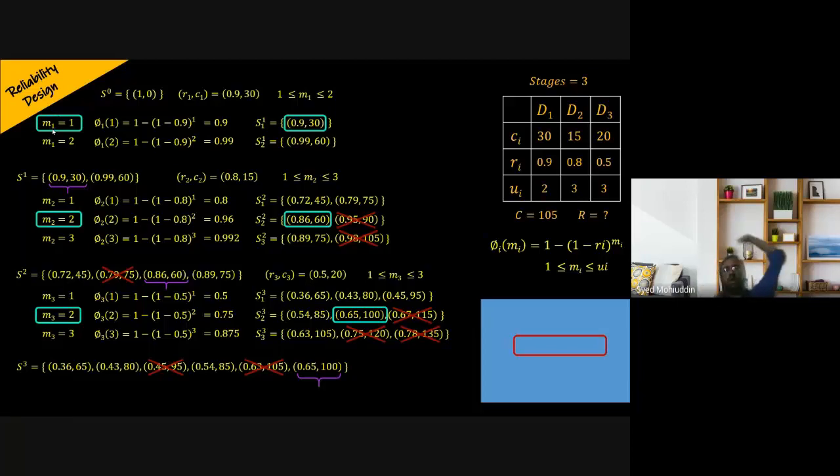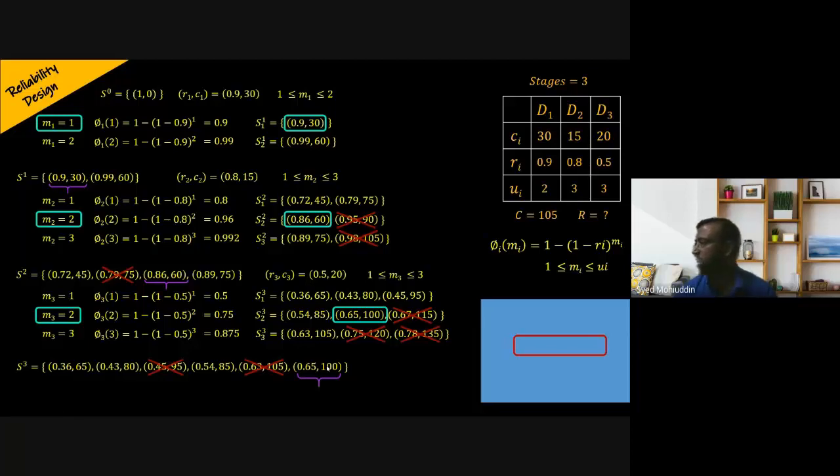So, if you look at the optimal solution for this problem, we can use one device D1 in stage 1, two devices of D2 in stage 2, and two devices of D3 in stage 3, which will give us maximum reliability of 0.65, and the cost we need to spend for these devices is 100.